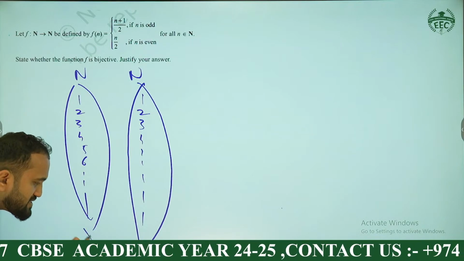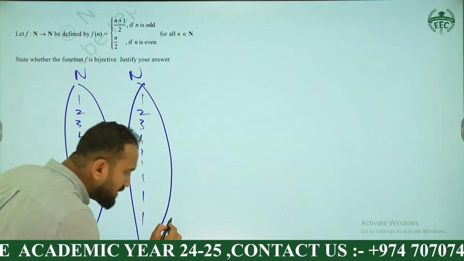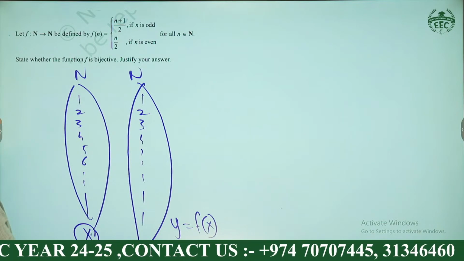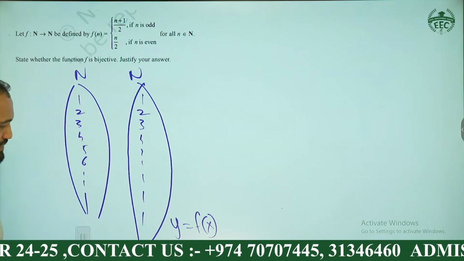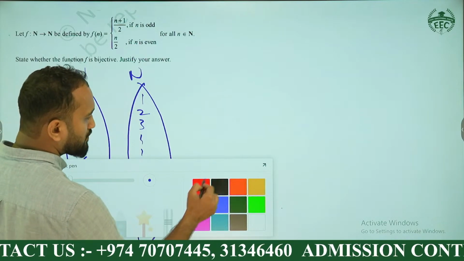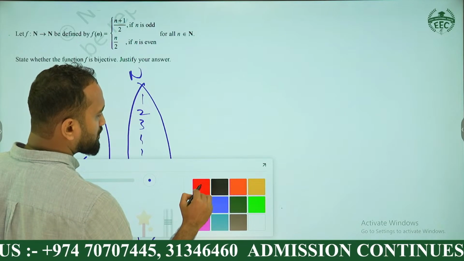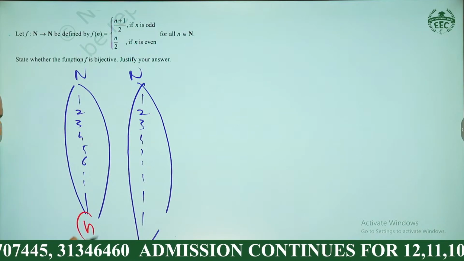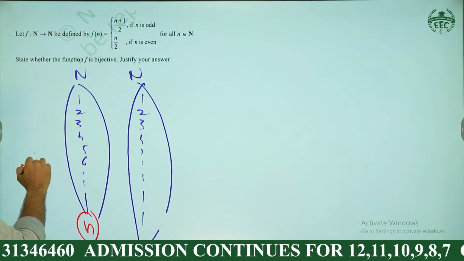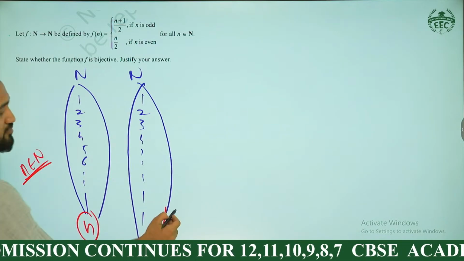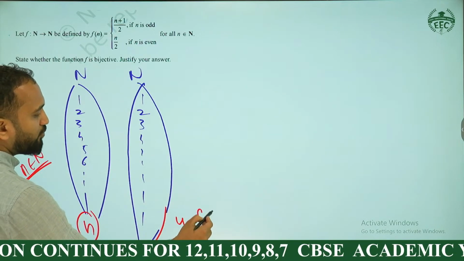Now, if this is x and this is y, such that y is equal to a function of x, and it was given that x is equal to n, where n belongs to the set of natural numbers, then you'll have y is equal to f of n.